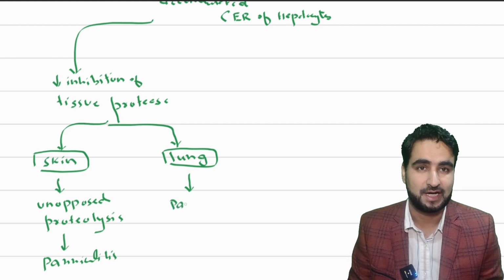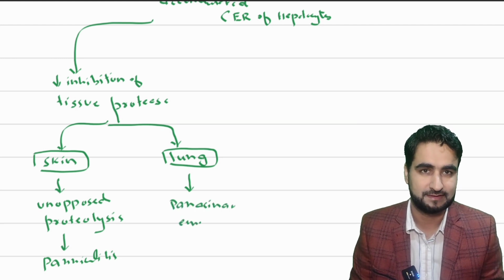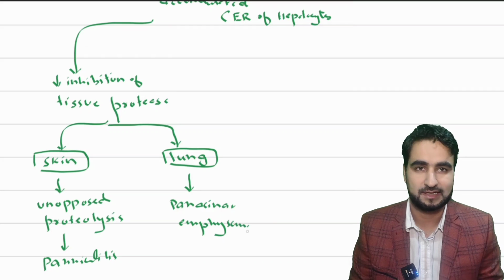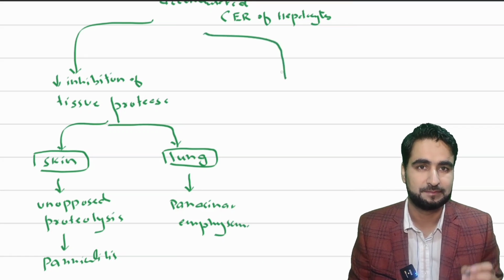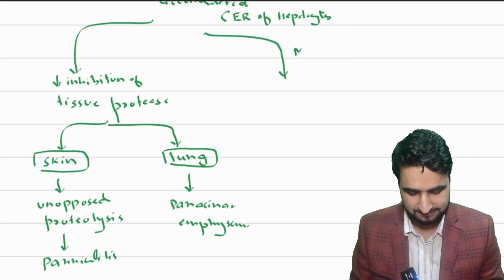In the lungs, due to unopposed proteolysis, there is destruction of lung parenchyma, which leads to pan-acinar emphysema.